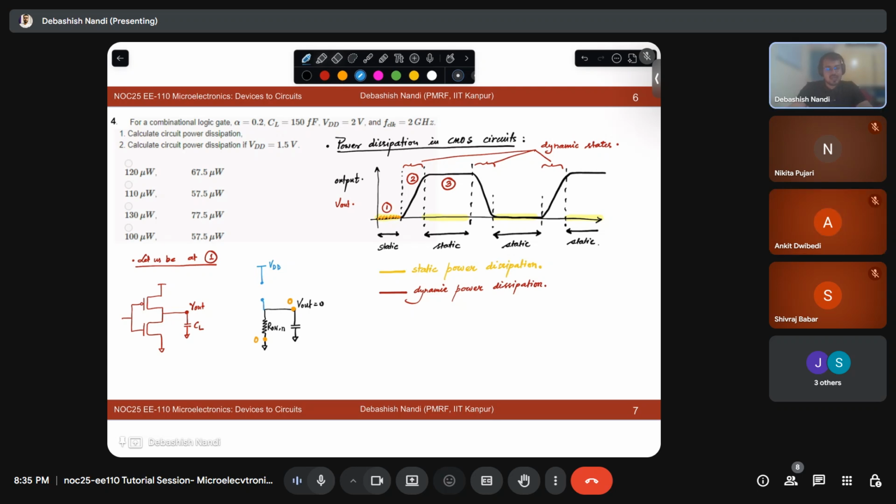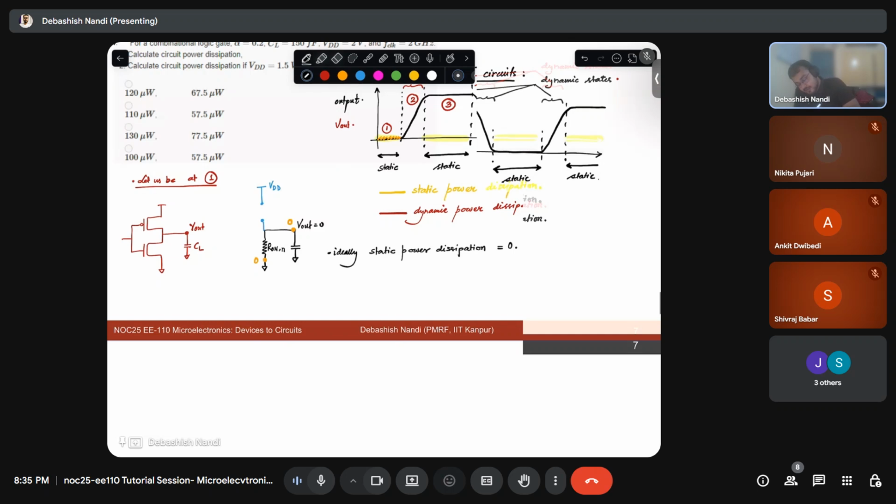So why say it is half CVDD square? Ideally static power dissipation should be 0 in CMOS circuits. That is what we have seen for case 1.